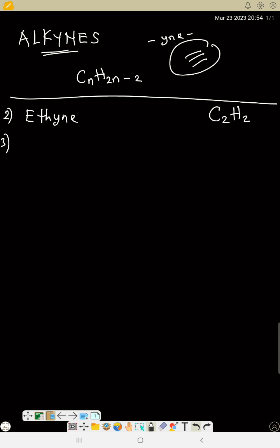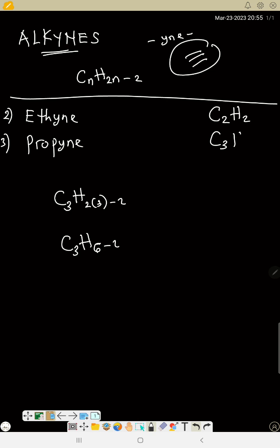But for now, let's talk about it one by one, just their general formula. Prop is 3, so for propyne we have C3H2(3)-2, so C3H6-2, that will be C3H4.